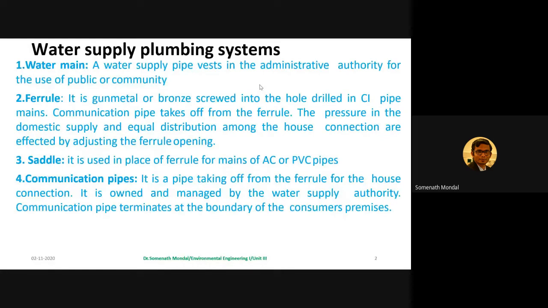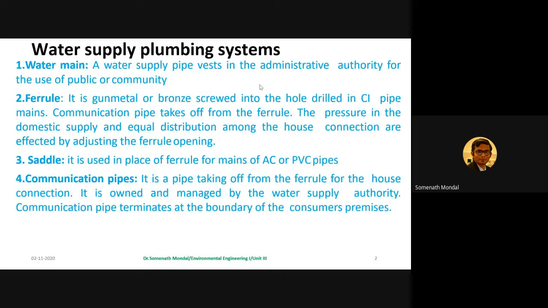The first one is the water main. A water supply pipe laid by an administrative authority for the use of the public or community is known as the water main. Fine. So the main supply line is the water main. Next is the ferrule. The ferrule is basically a right angle sleeve made of brass or gunmetal and is joined to the hole drilled in the water main, to which it is screwed down with a plug.